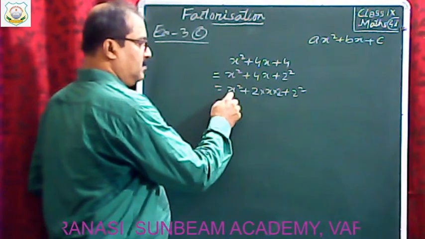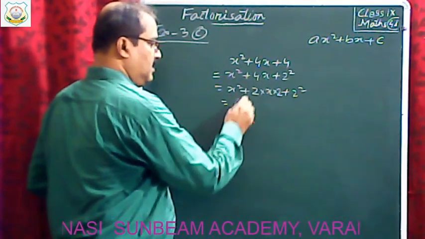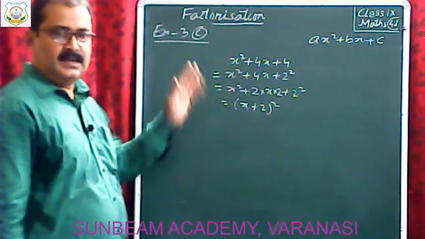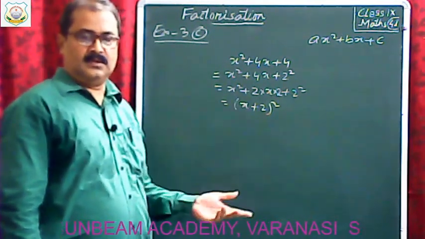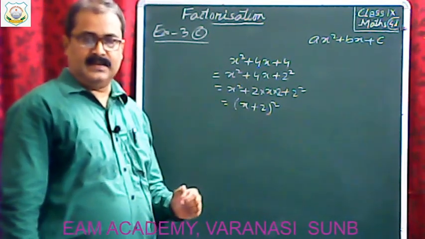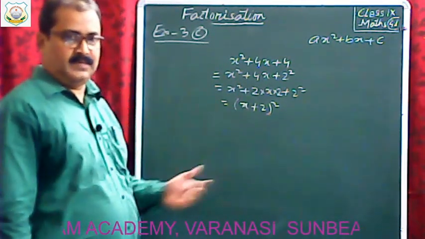We get a square plus 2ab plus b square, that is, a plus b whole square. It is a quadratic trinomial, but it follows the algebraic identity. That's why we follow the algebraic identity.